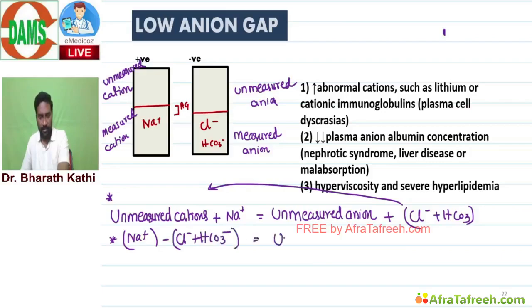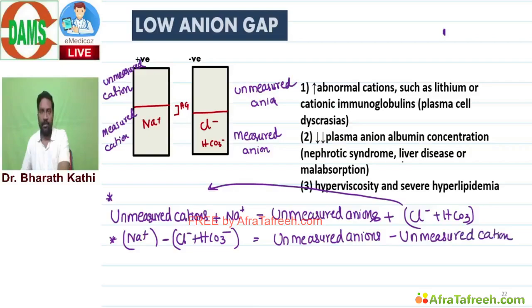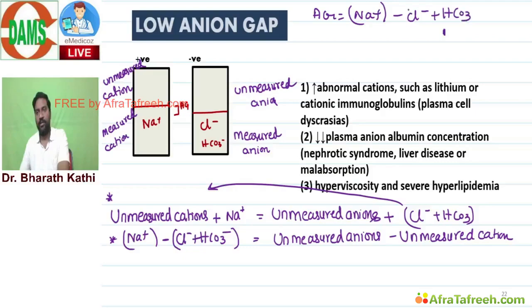This is simple mathematics. Unmeasured anions minus unmeasured cations. Now what is the standard anion gap formula? Na plus minus chloride plus bicarbonate. This is the standard anion gap formula I have told you in the ABG-CME.